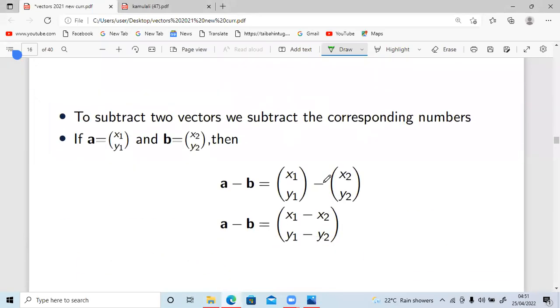Okay. Then now when it comes to subtraction, it is still the same thing. Always subtract corresponding components. Even when it comes to subtraction, we still do the same thing.